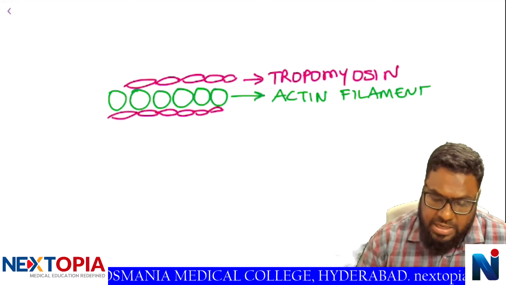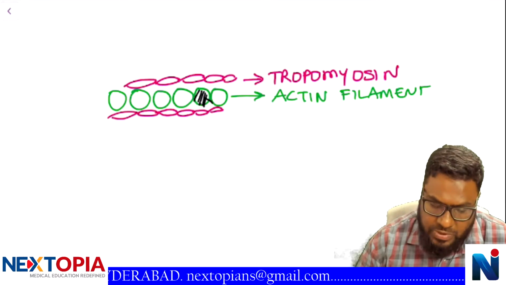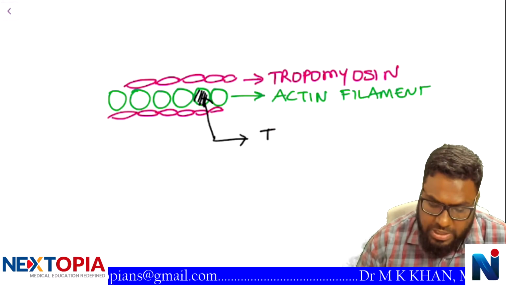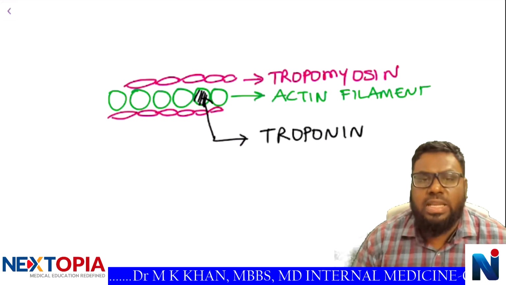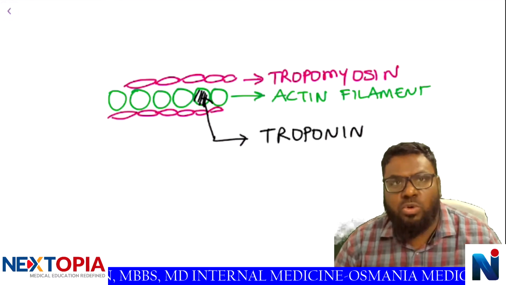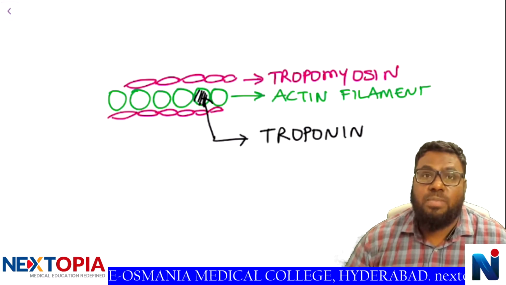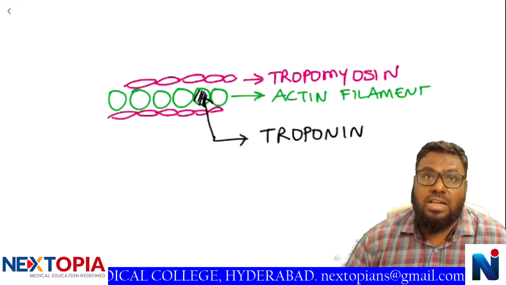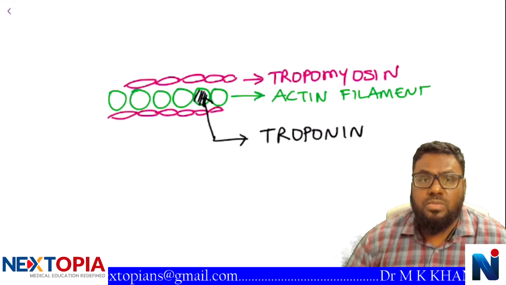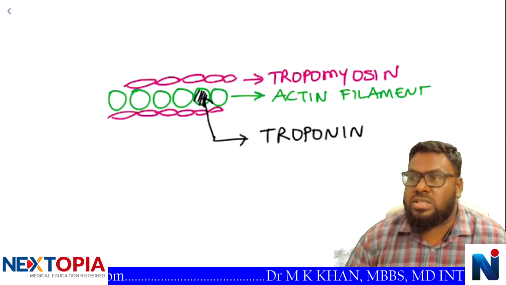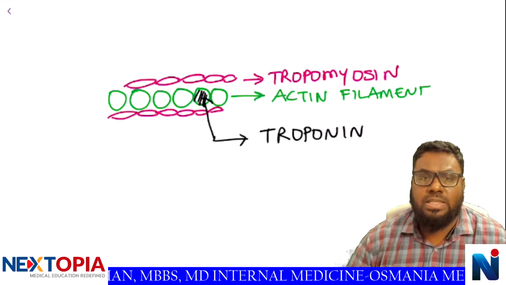In between these actin filaments, we have an important protein embedded, and this is troponin. Troponin proteins are of different types: troponin C, troponin T, troponin I. This troponin is very important in myocardial infarction. The serum levels of troponin are increased in case of myocardial infarction, and this is how you can diagnose a heart attack. I'll discuss that when I discuss general medicine.